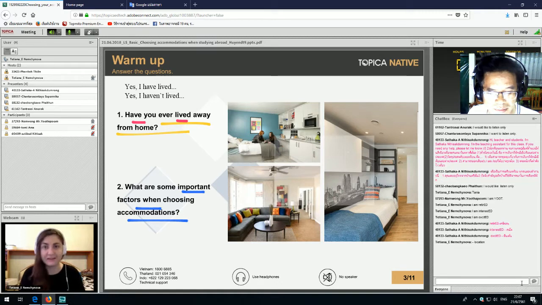Okay, definitely. If you want the closest location, that probably will be the university dormitory on a campus. In a campus. Campus. Yes, you are absolutely right. Thank you very much, Yutapum.